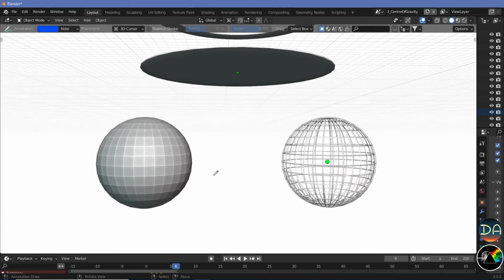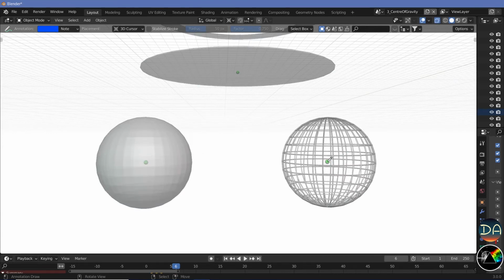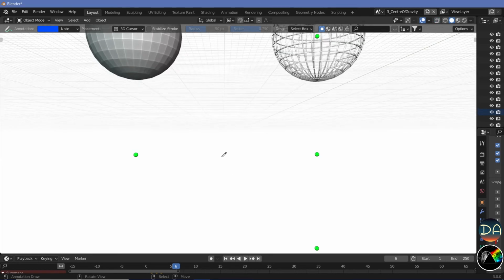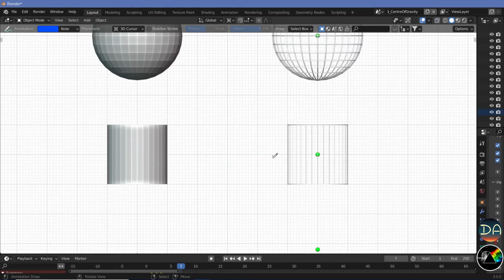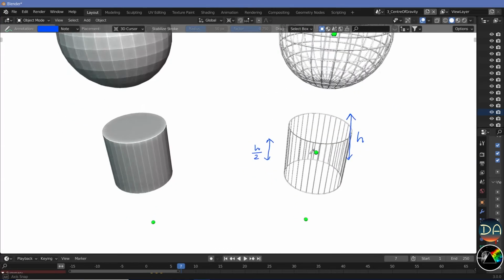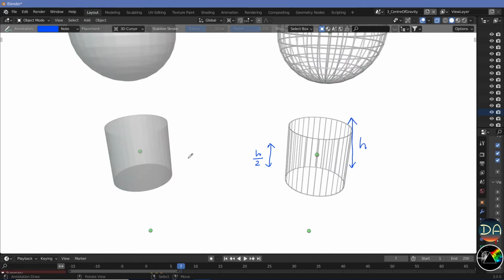So in both those cases, the center of gravity lies in the exact center of the spheres. The same would happen in the case of cylinders, where it would lie at a height of h/2. That means it's half the total height of the cylinder, and it would be present right at the center of the actual circle that forms the cylinder.